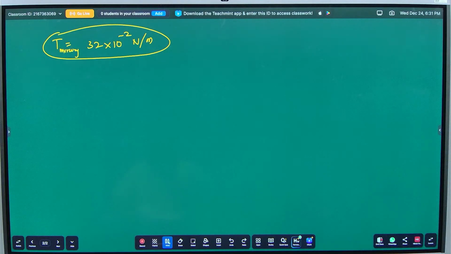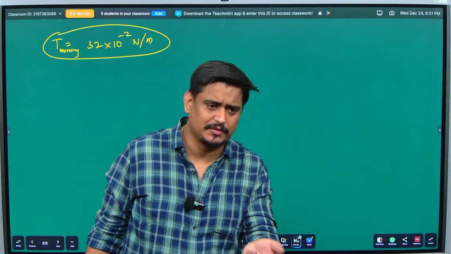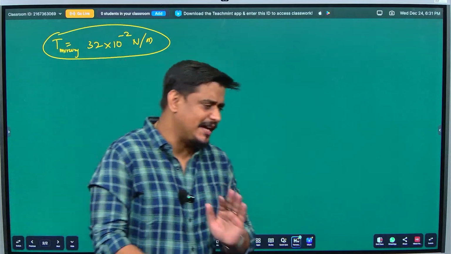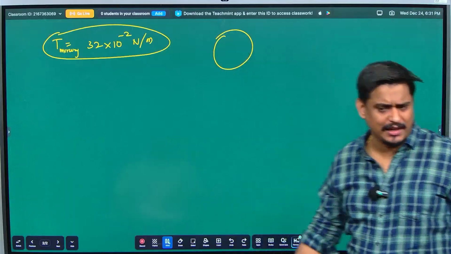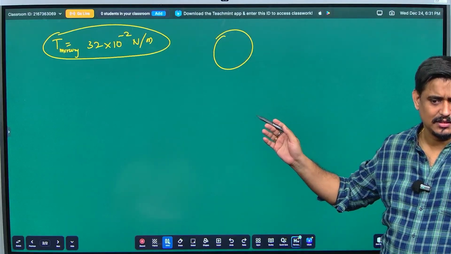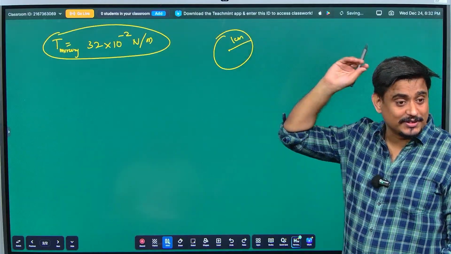Since this is the first question of today, I will just help you in this question. Next, you can solve by yourself. This kind of question, whenever it comes, see what is happening. They are saying that there is a drop of mercury, of radius 1 centimeter, breaking into 10 lakh droplets.